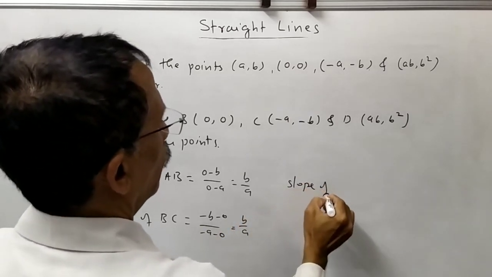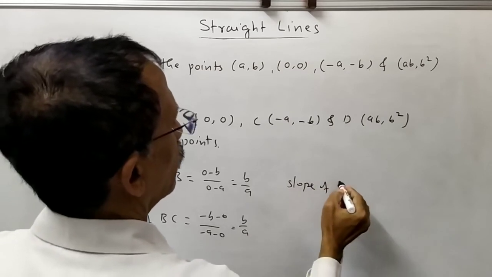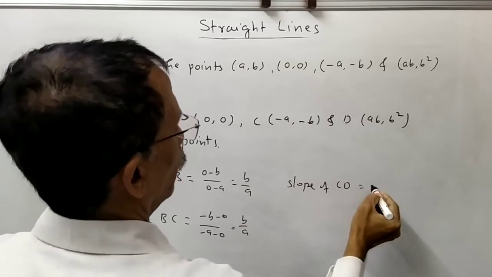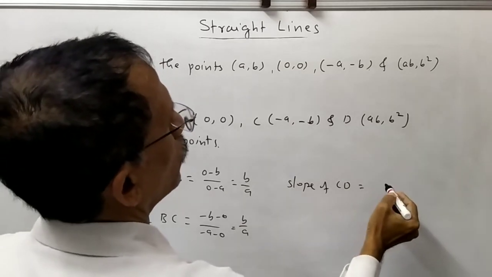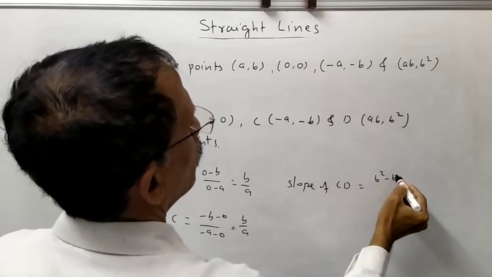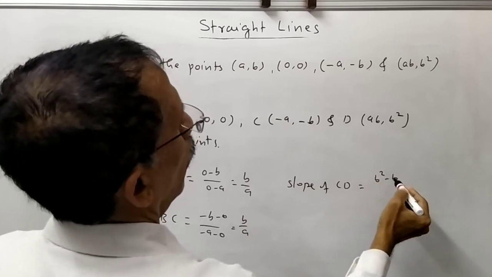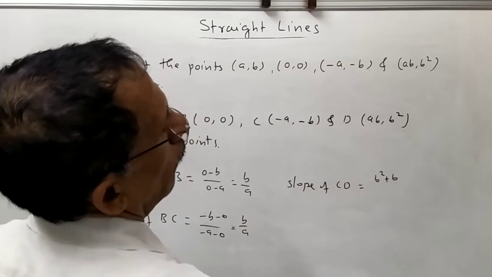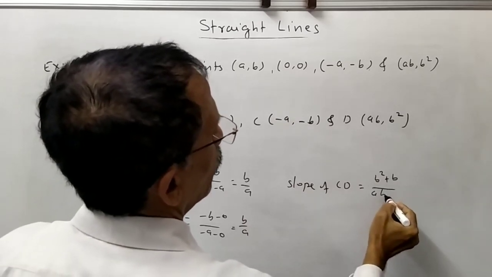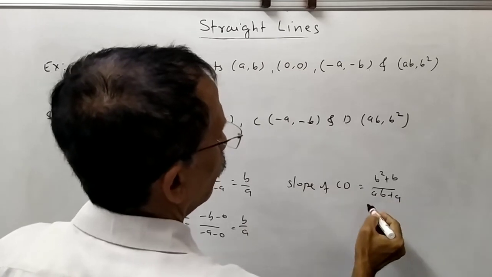Slope of CD is equal to b squared plus b divided by a squared plus a.